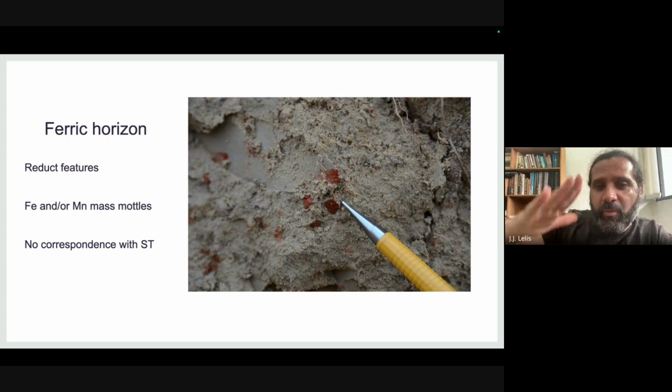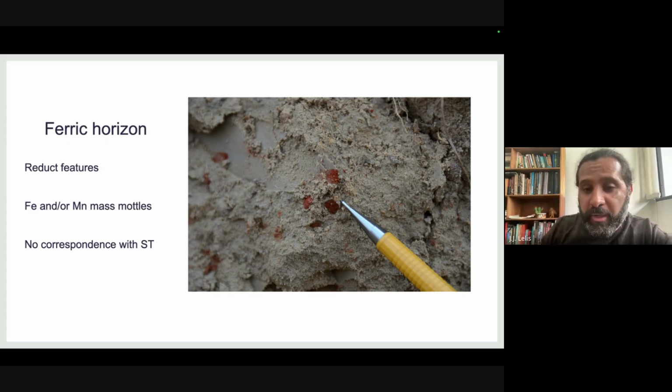So we have some water table fluctuation, but the water table is still high the majority of the time. So the soil has more grayish color than reddish and yellowish colors or dark colors. So it seems that we have some oxidation, but the oxidation is still quite incipient. Okay, so let's say that it's the first step.